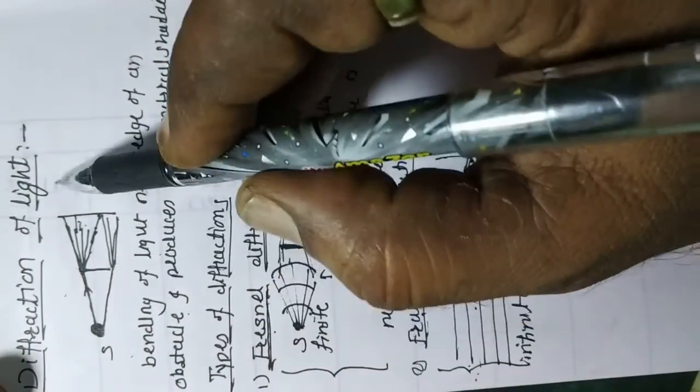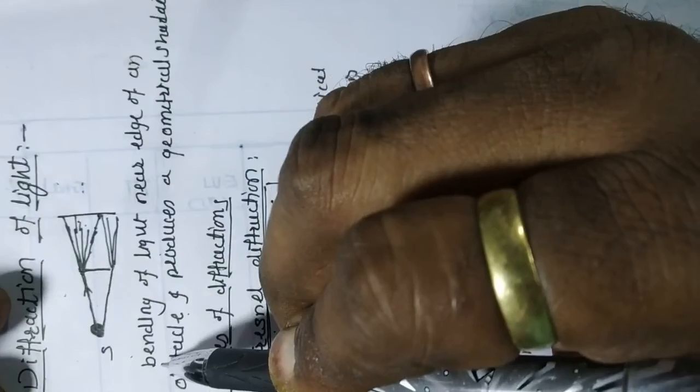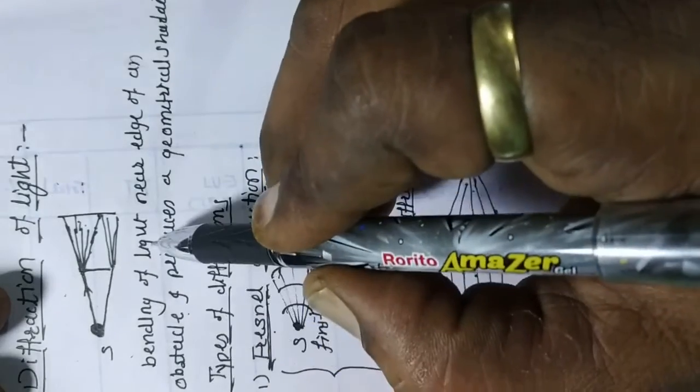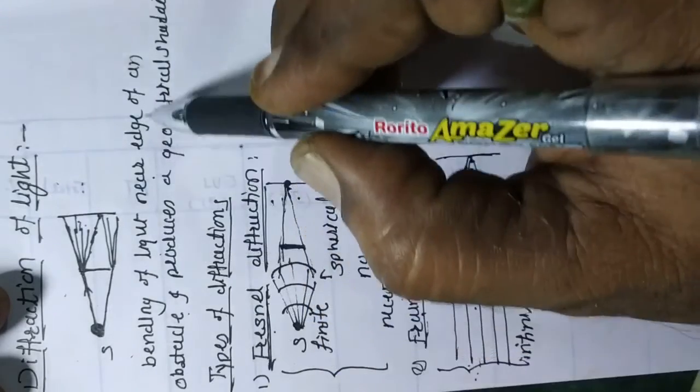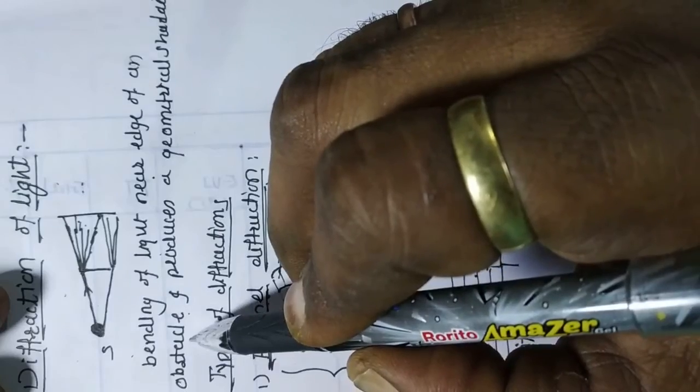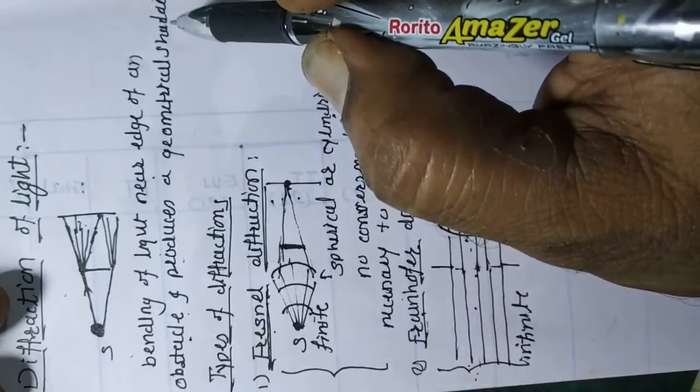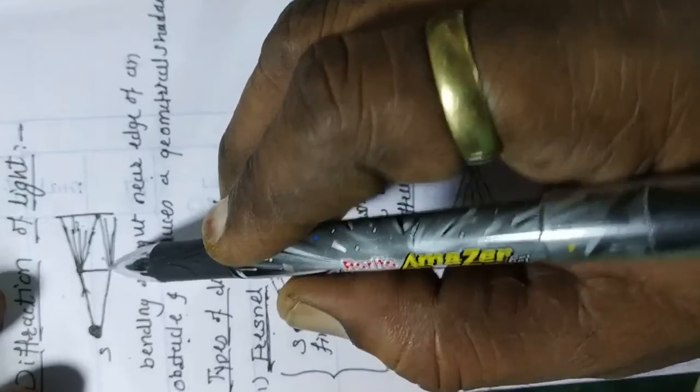What is diffraction of light? The phenomenon of bending of light near the edge of an obstacle and producing a geometrical shadow is called diffraction of light.